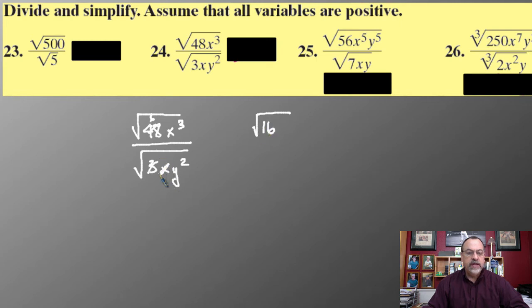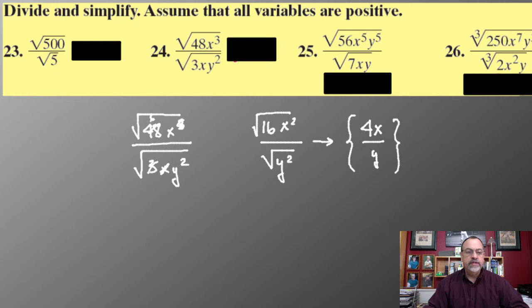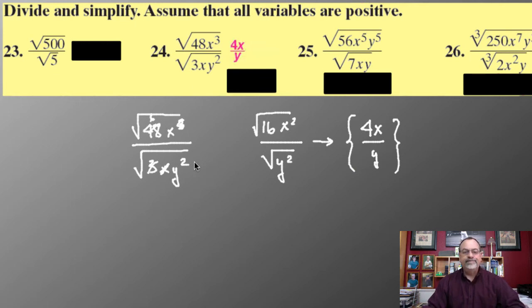I can take 1 x down here, and there's 3 up here, and take away 1, so that leaves me 2 x's up here, and then I still have the y squared down here. So I've done all the dividing, so now I need to simplify each one of these radicals. The square root of 16 is 4, and the square root of x squared is x, and the square root of y squared is y, so my final answer would be 4x over y.